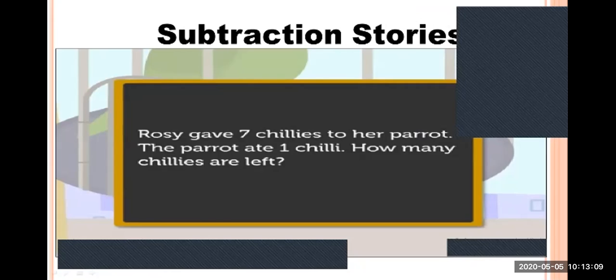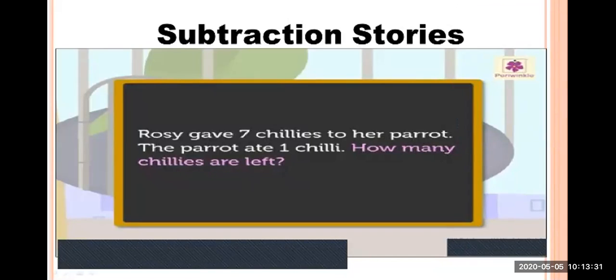Rosie gave 7 chilies to her parrot. The parrot ate 1 chili. Now, let us see what we have to find out. How many chilies are left?